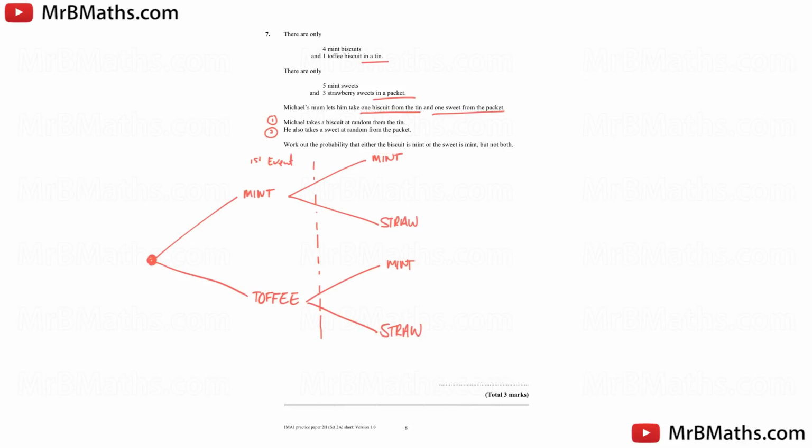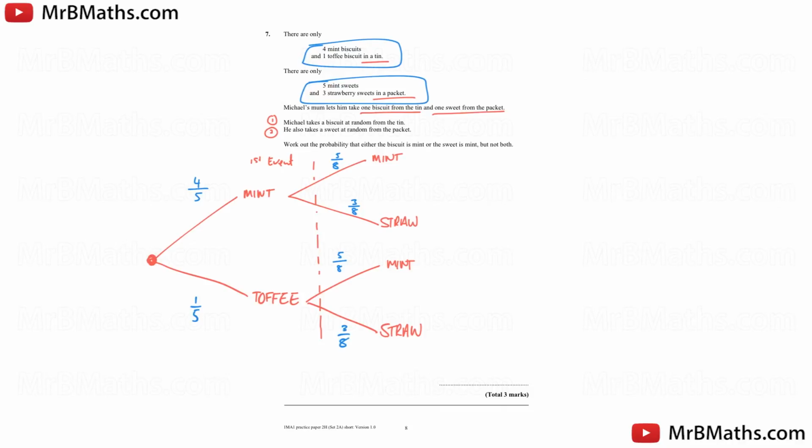So if we fill in the probability now, up here being first, for a mint it would be 4 out of 5, and toffee 1 out of 5. And for the second part, we would have 5 out of 8, 3 out of 8, 5 out of 8, and 3 out of 8.